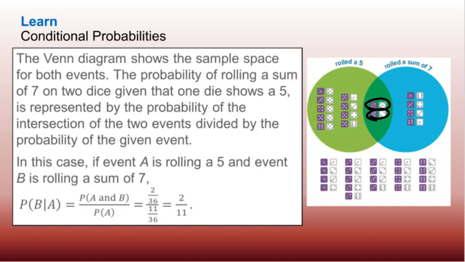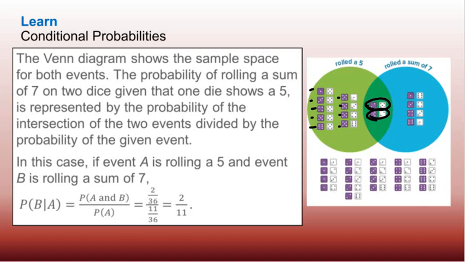And out of those, the probability that you rolled a 5, that one of the dice is a 5, is 11 out of 36. So you have 11 categories here: 1, 2, 3, 4, 5, 6, 7, 8, 9, 10, 11. 11 out of 36 were 5s. So if you do the division, 2/36 divided by 11/36, you get 2/11.